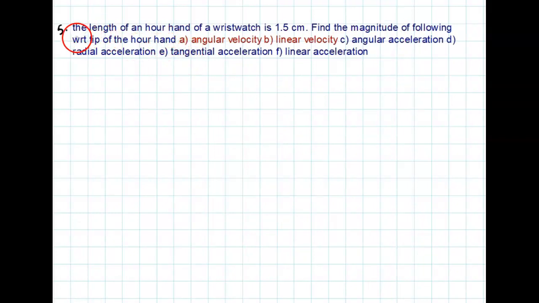Question number 5. The length of an hour hand of a wristwatch is 1.5 centimeter. So the length is known as the radius of the hour hand, 1.5 centimeter. We can change into meter, 10 to the power minus 2 meters. Find the magnitude of the following with respect to the tip of the hour hand.